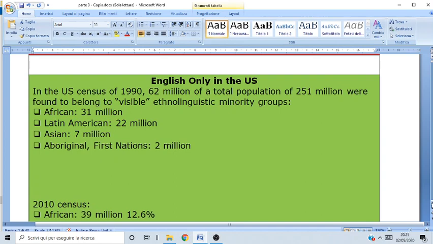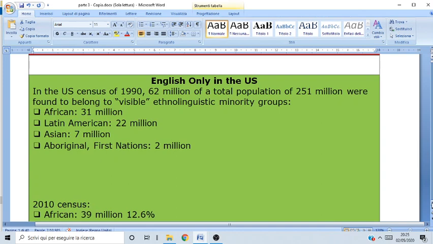This means that you could understand by looking at them and listening to what they said that they were part of a minority group. 62 million out of 250 million. That is a lot. The main groups were African, 31 million, so most of the community. Latin American, and that included all Latino minorities, with 22 million people.